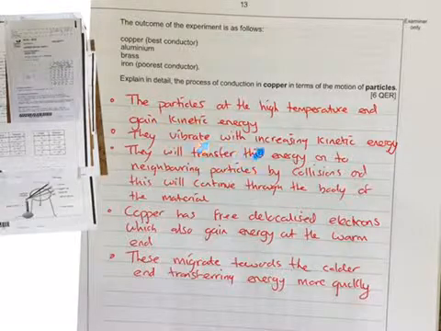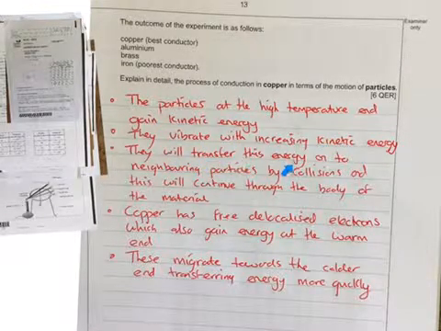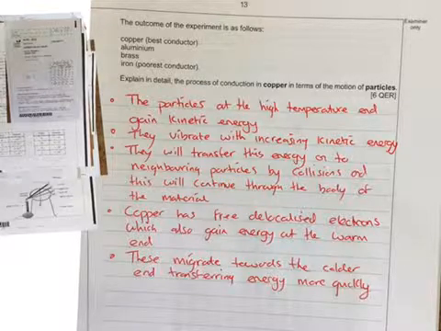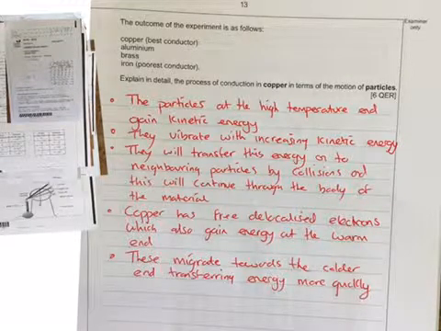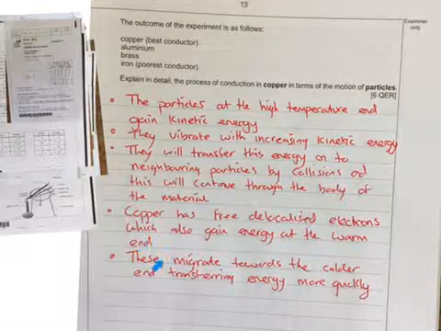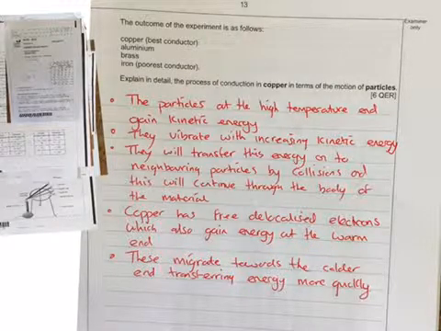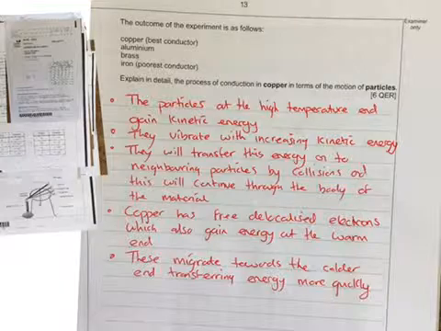And they start to vibrate with increasing kinetic energy, it's movement energy. They will transfer this energy onto neighbouring particles by collisions, and they will continue through the body of the material. Okay, it's going to keep going. Copper has these free delocalized electrons, which gain energy at the warm end, and they are going to migrate towards the colder end, transferring energy more quickly.